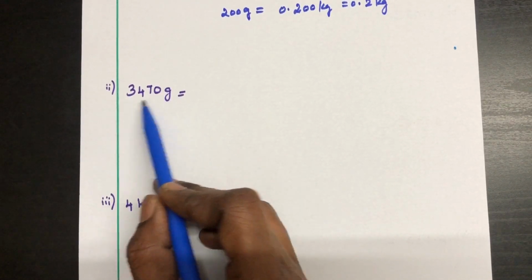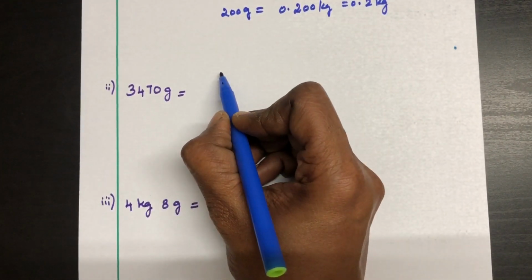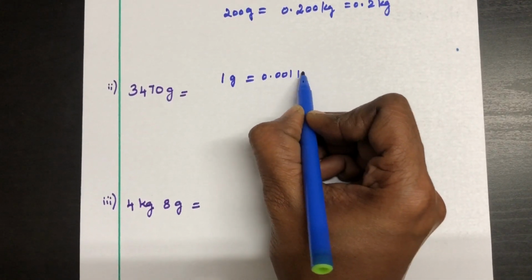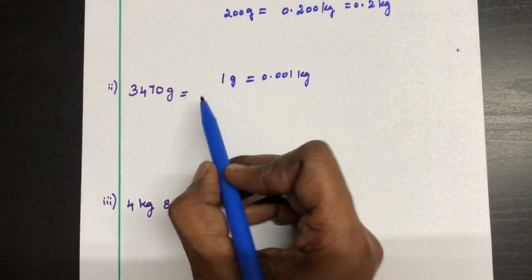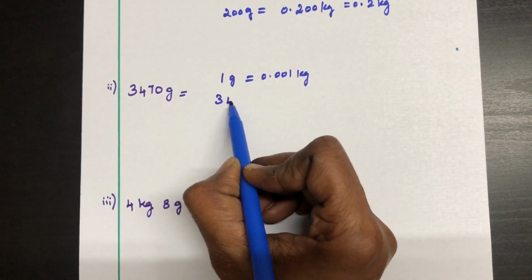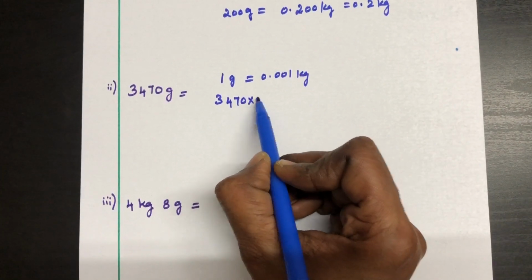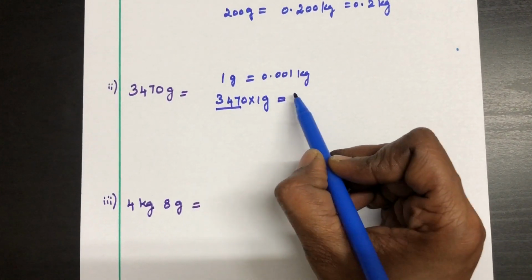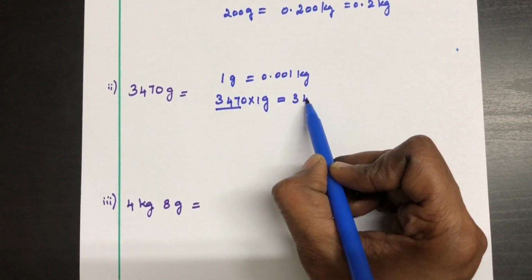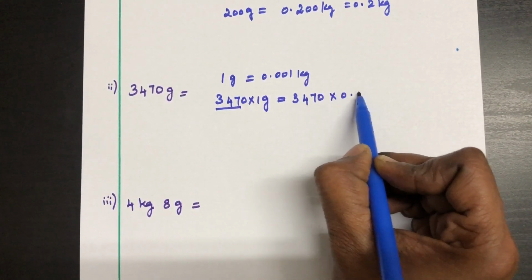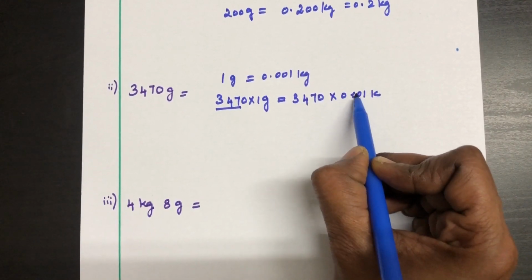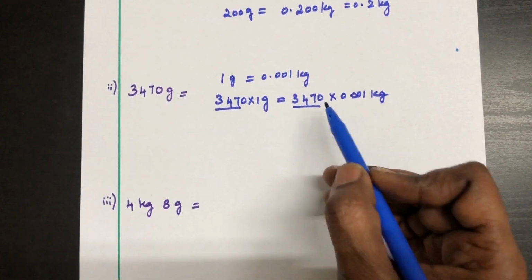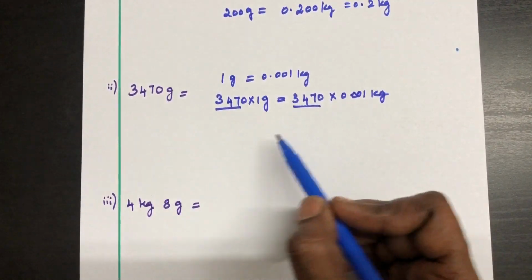3470 gram. How to do this? See, 1 gram is equal to 0.001 kg. This is our formula. So now 3470 into 1 gram. That means multiply by 3470 on both the sides. 3470 into 0.001 kg. Both the sides we are multiplying with the same number because the question is this one.